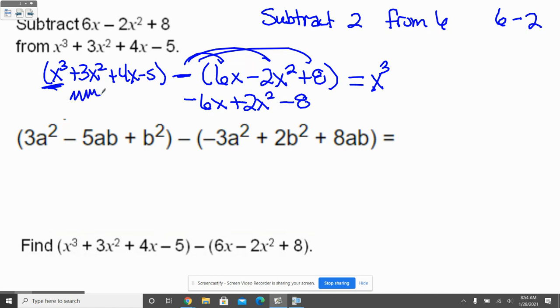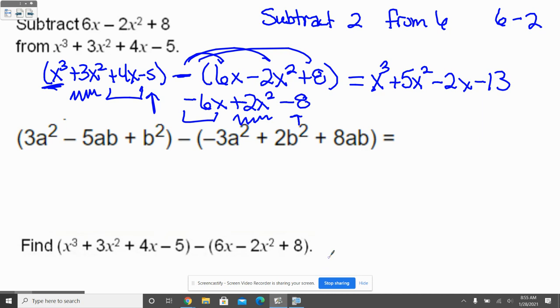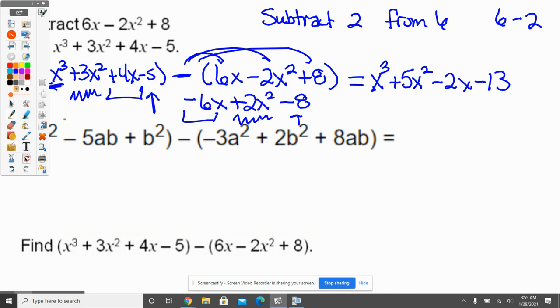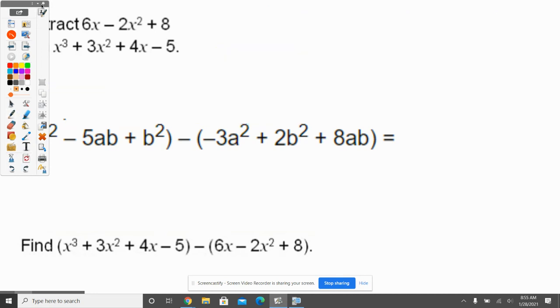There's a 3x squared, but I'm going to add to it 2x squared, which gives me a total of 5x squareds. 4x minus 6x is negative 2x's, and negative 5 minus 8 is negative 13. So that's what you're looking at with subtraction. Why don't you pause and see how you can do on these two guys? And now I'll go ahead and work them.